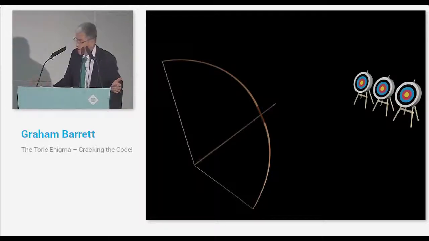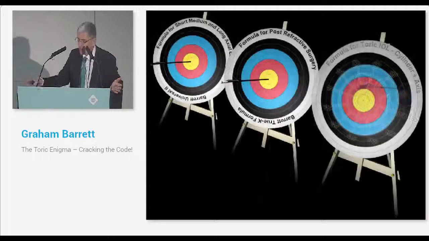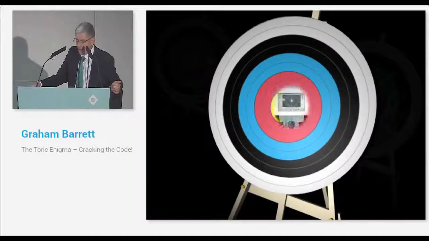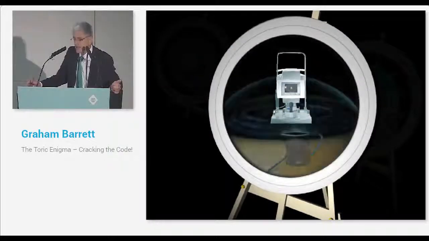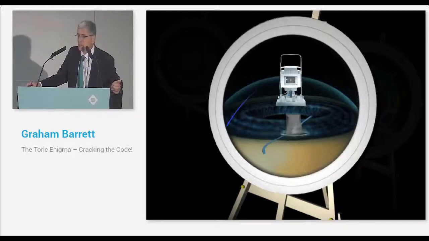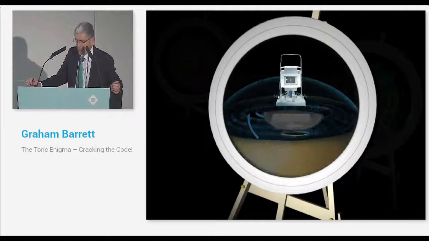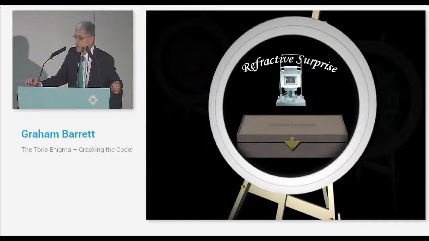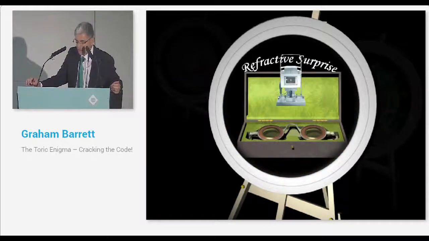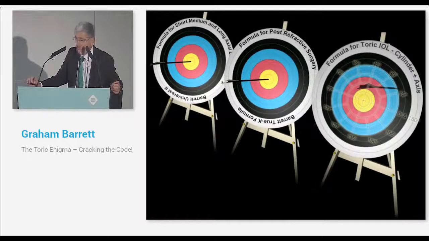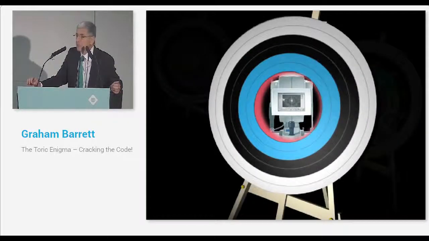So the maths is inherently more complex. Now, the enigma is that despite having precise measurements, despite precise alignment, we still sometimes get surprises with toric lenses. And the talk is about trying to reduce those surprises.